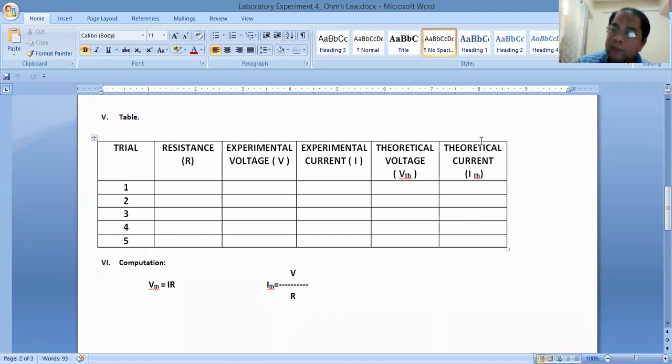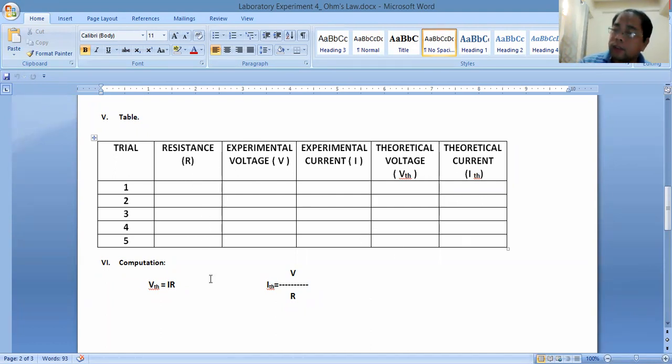So for this last column here, theoretical current, we call it I_TH. Its unit, of course, is ampere. We will divide the V value by the value of R. Another thing that you'll have to include in your table is the unit of measure.